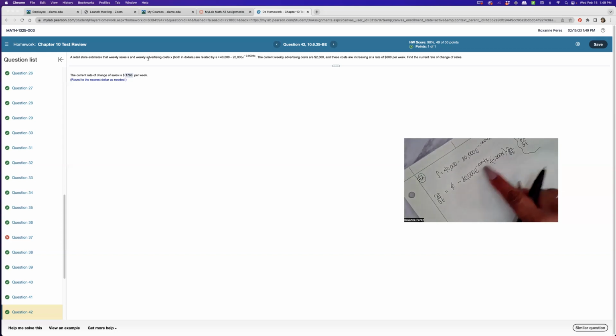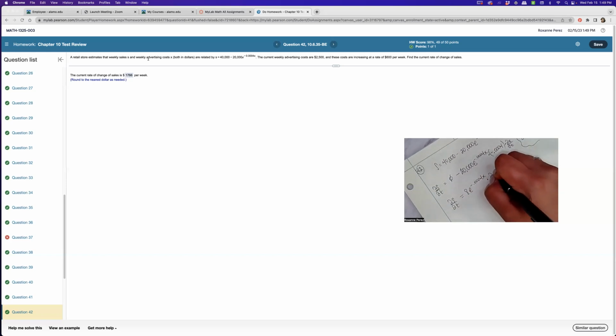Now I'm going to multiply 20,000 times this decimal. That's going to give me 8e raised to the negative 0.0004x times dx/dt.